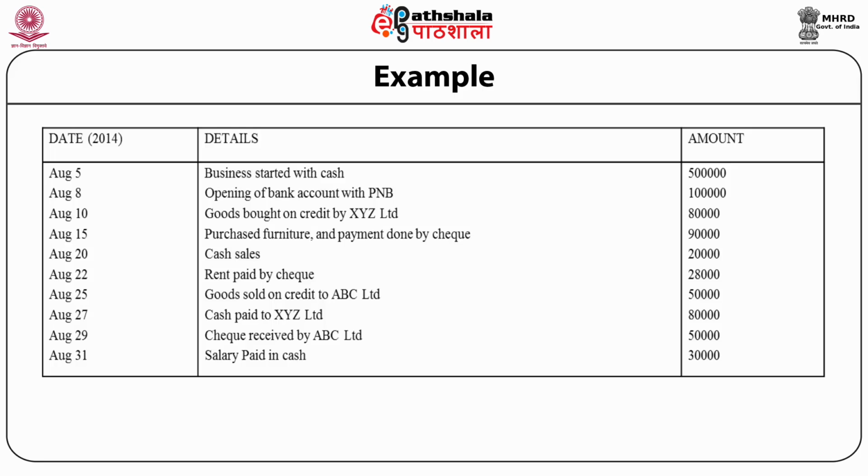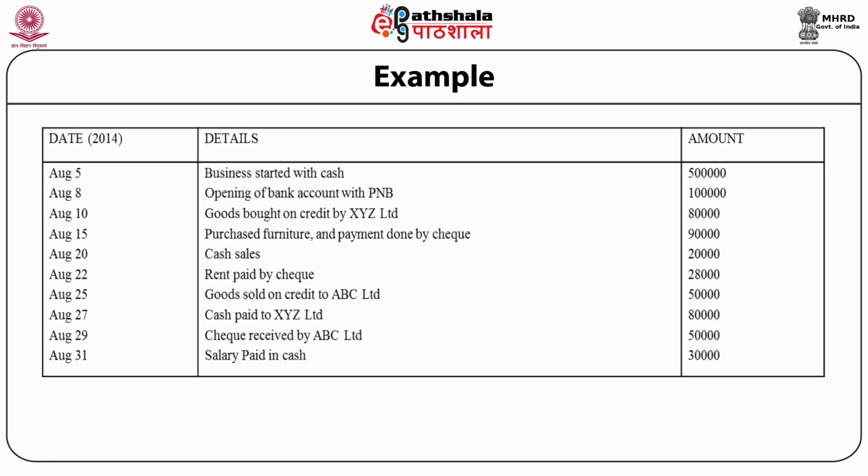August 20, cash sales, rupees 20,000. August 22, rent paid by check, rupees 28,000. August 25, goods sold on credit to ABC Limited, rupees 50,000.